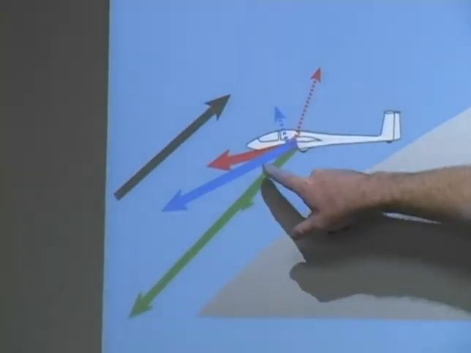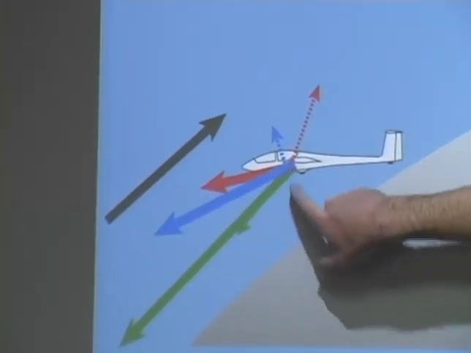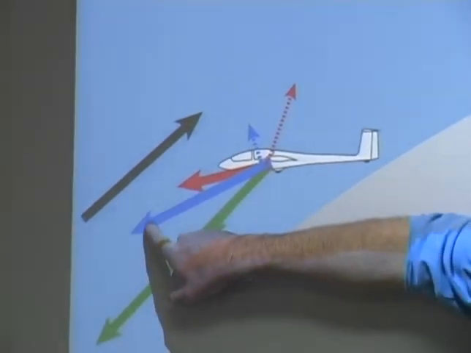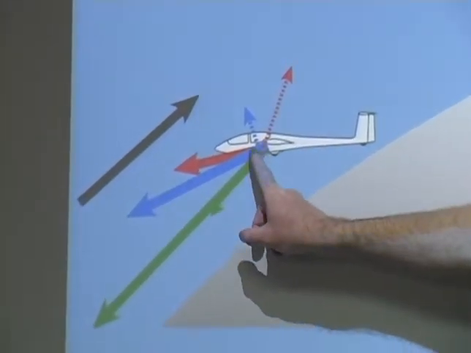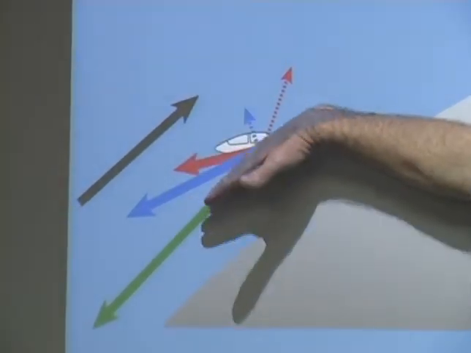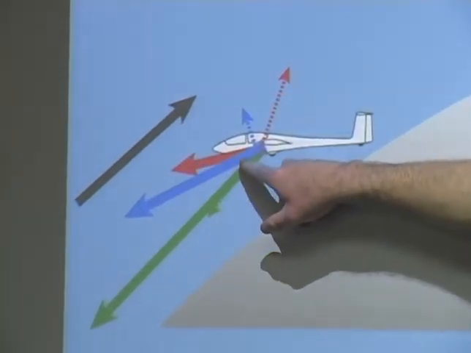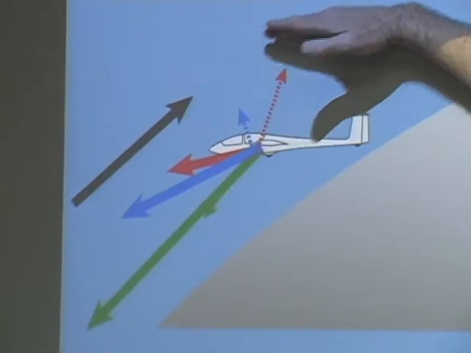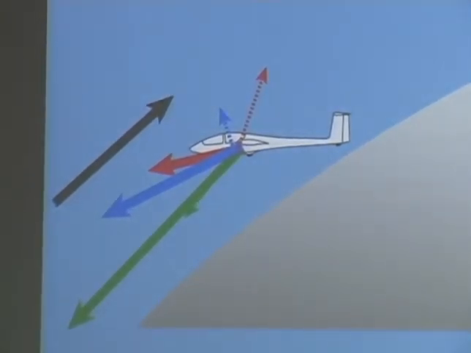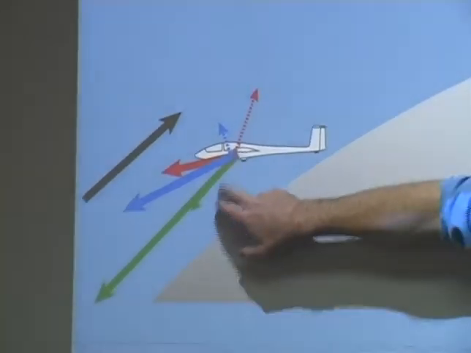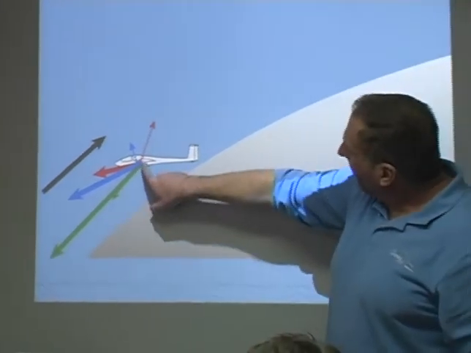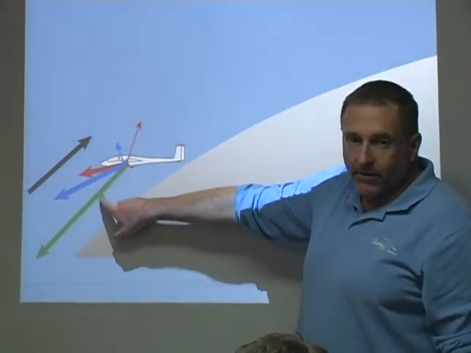So in this particular one, if I'm flying at the blue speed, then the glider is going up and forward a little bit, so it's climbing. If I slow down to, let's call this minimum sink, I'm climbing really good, but I'm also going backwards because of the wind. And if I speed up to the green, I'm going down and forward.